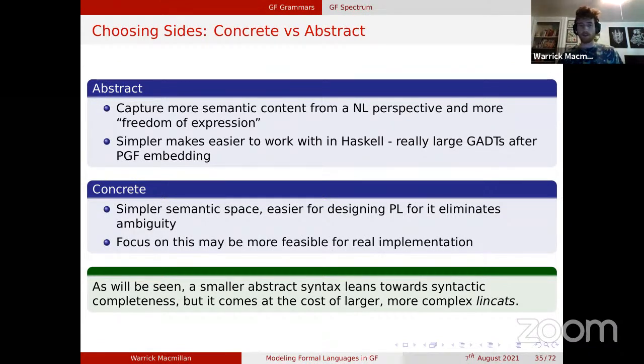So when you're designing a grammar in GF, if you have a bigger abstract syntax, you have more freedom of expression. I think this is grammatically wrong, so I'll have to change this. But basically, the more abstract syntax you have, if you're trying to embed it in PGF, which is the next talk, the harder it'll be from the concrete perspective.